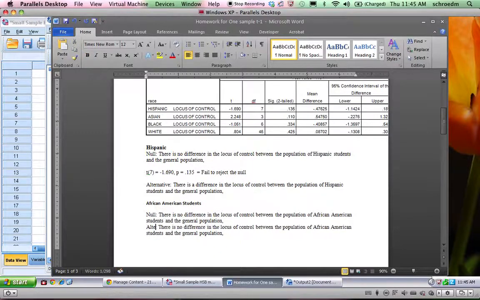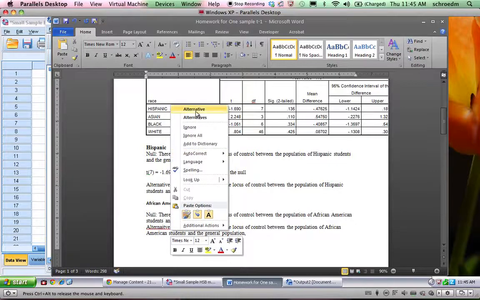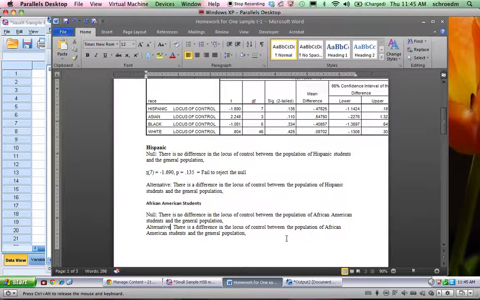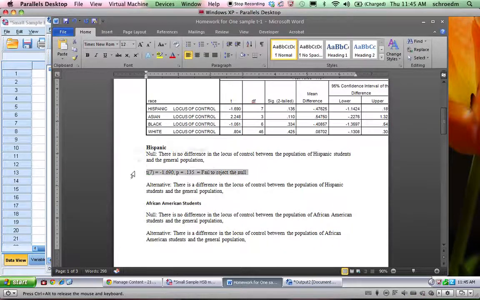My alternative is just that there is a difference between the population of African American students and the general population.